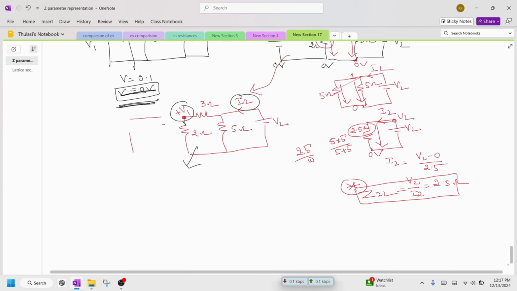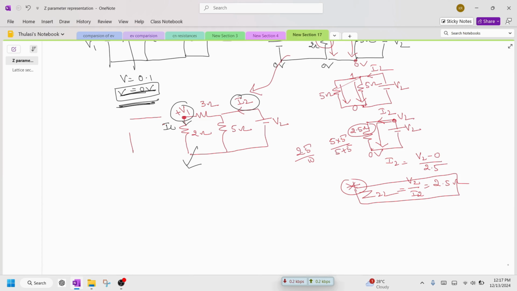So I am marking this an unknown current as some I4. So current I4 is equal to, how to write down the current I4? The current I4 flows across 2 ohm as well as flows across 3 ohm. So but I am writing I4 in terms of only V1. You may ask, sir, why you are writing like that?